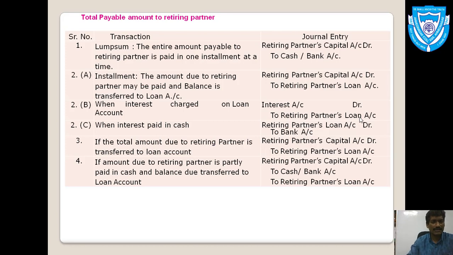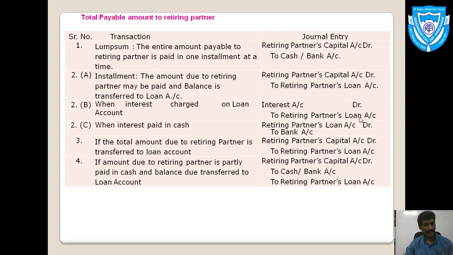First, number 1, if the entire amount payable to retiring partner is paid in one and single installment at a time. लमसम अमाऊंट म्हणजे एकत्रित सर्व अमाऊंट पार्टनरला दिली, रिटायरिंग पार्टनरला दिली, तर काय एंट्री करणार, रिटायरिंग पार्टनर्स कॅपिटल अकाउंट डेबिट टू कॅश ऑब्लिक बँक अकाउंट.